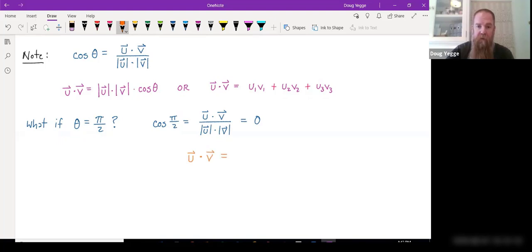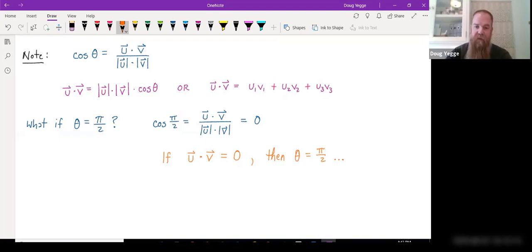So if theta is equal to pi over 2, then that must mean that the dot product is equal to 0. So we now have this beautiful statement here, this definition, that tells us that if you take the dot product between u and v and it ever equals 0, then theta equals pi over 2. But that tells us something else.